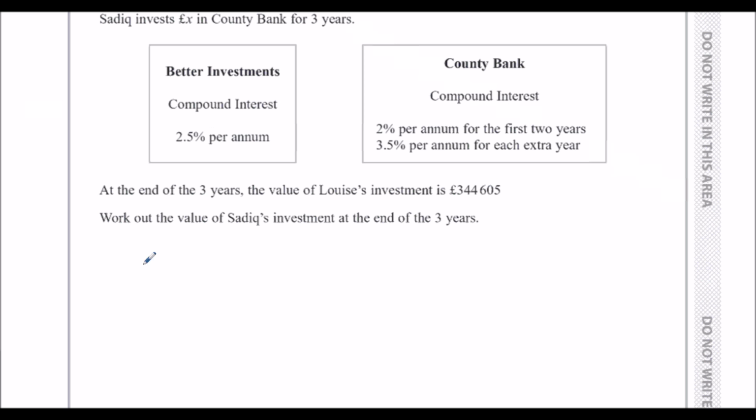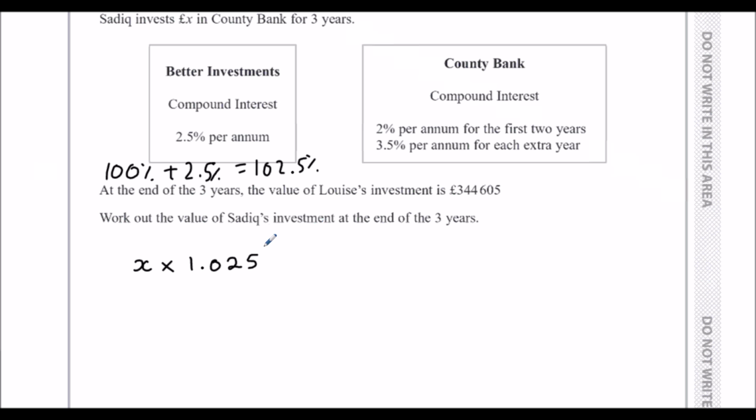So Better Investments, Louise's bank gives her 2.5% compound interest a year. So each year she'll get 100% plus 2.5%, which is 102.5%. So X is what she starts with, times 1.025. That's 102.5% written as a decimal.